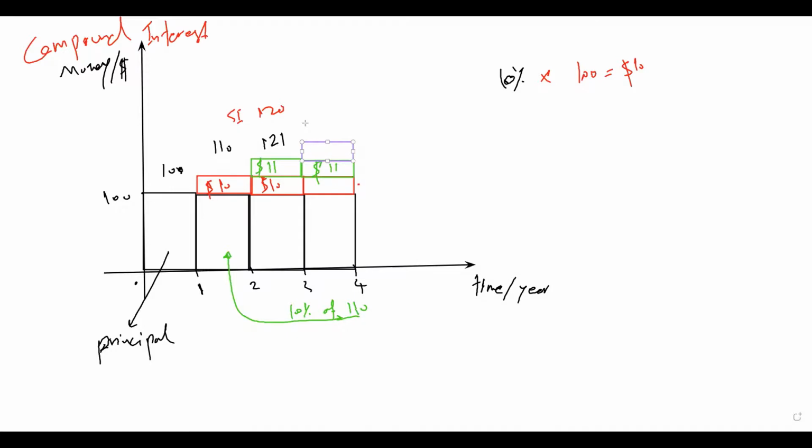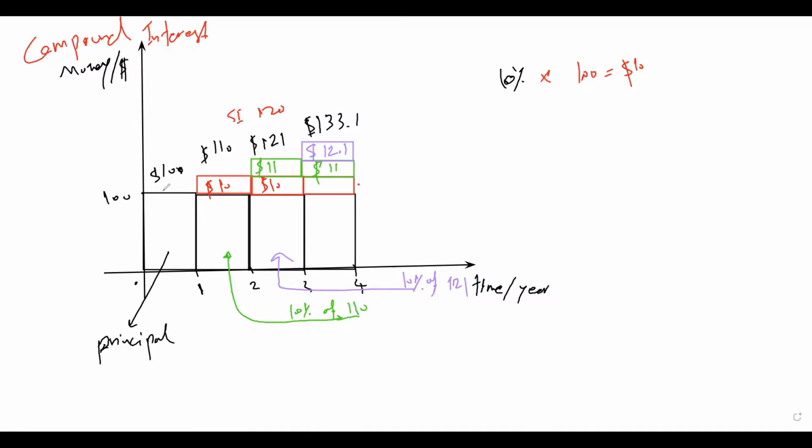So now they're gonna calculate 10% of $121, and that would be $12.10, and that will be added to your account, and now you have a total of $133.10, right? That's how much you have.